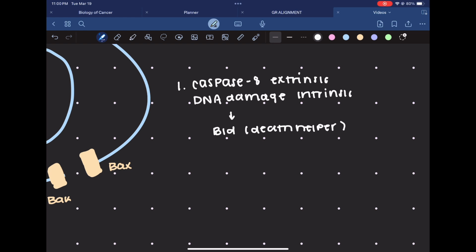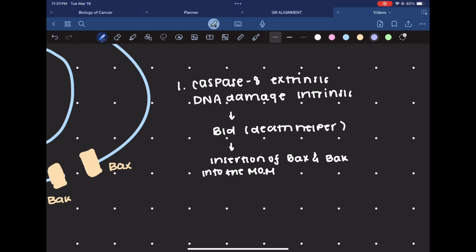And that's going to lead to insertion of BAX and BAK into the mitochondrial outer membrane, right?